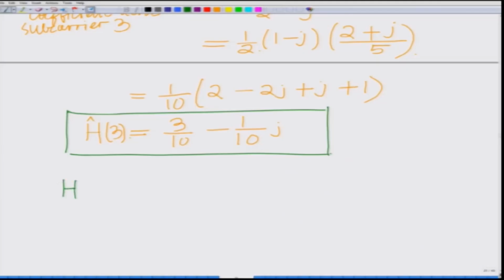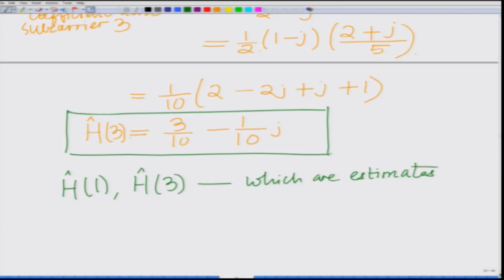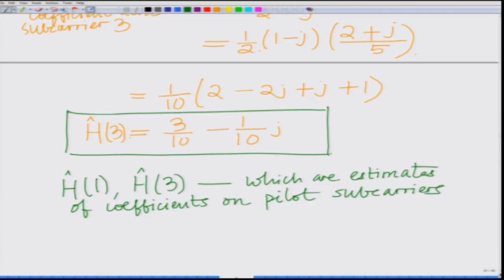The estimates of the coefficients on pilot subcarriers L equal to 1 comma 3 have been found. And now what is the next step?